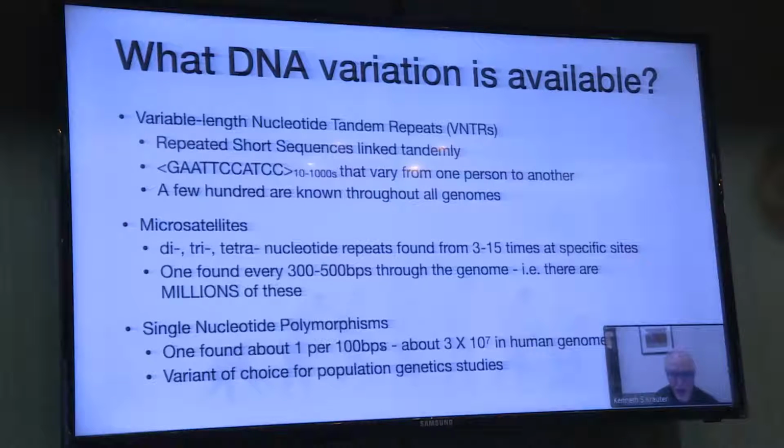I'm not going to have time to talk about it, but pretty much every one of those has now been identified, so there are no new single nucleotide polymorphisms to be found as population markers in human populations anymore.